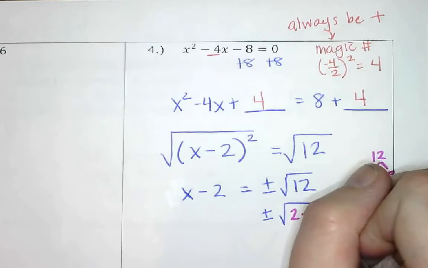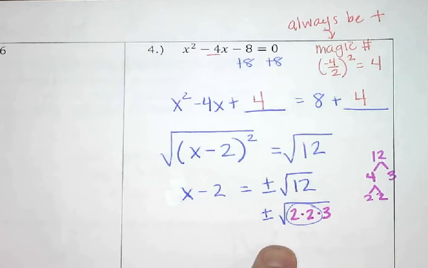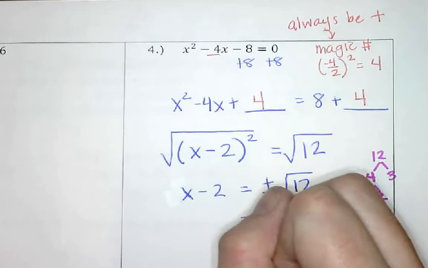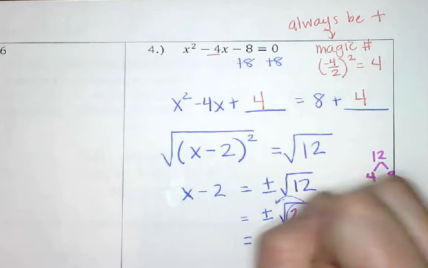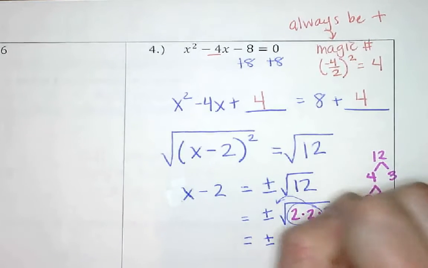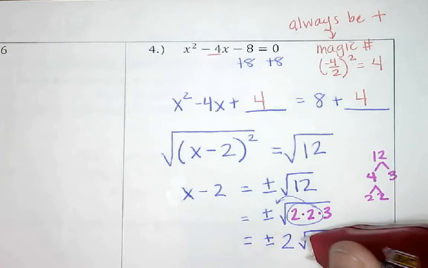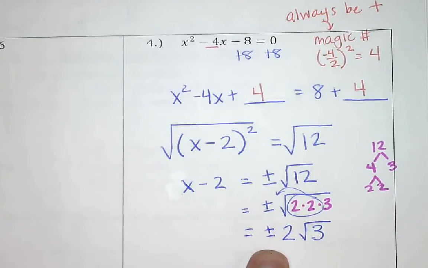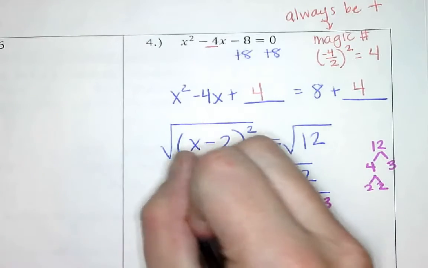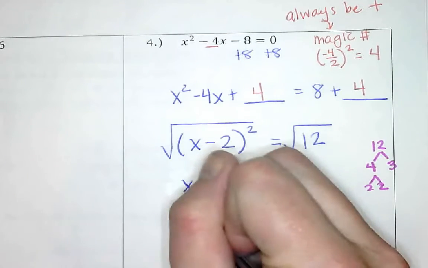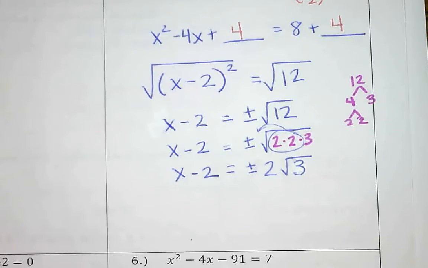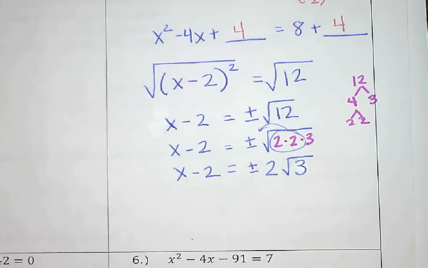So this is really plus or minus 2 times the square root of, not 12, but the square root of 3. All right? Is this ringing any bells, guys? We did this, I think, before Christmas. I can't even remember, y'all. All right? So we have x minus 2 on all those. Okay, so now we've simplified our radical. So we have 2 square root of 3.